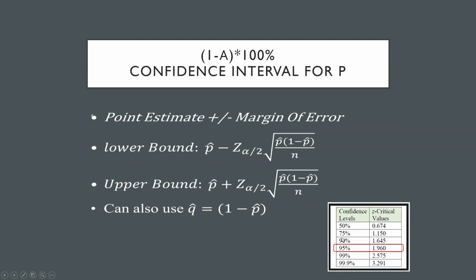If I want a 90% confidence interval, I'm going to use 1.645. If I want a 99% confidence interval, I'm going to use 2.575. This is only if you're going to do it by hand. I'm going to show you how to do this by hand once, and then I'll show you how to do it with your calculator.